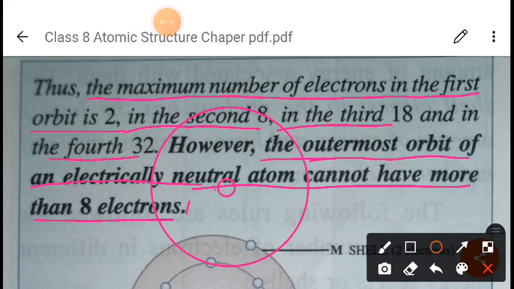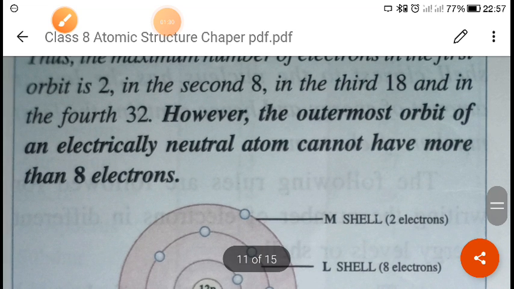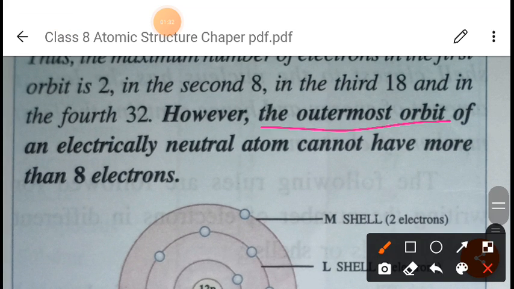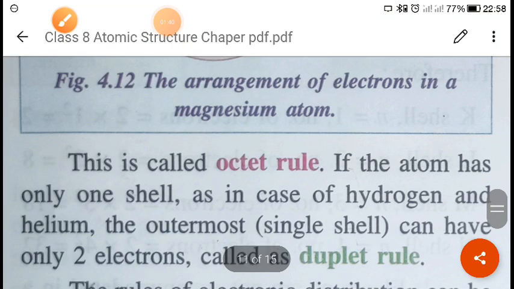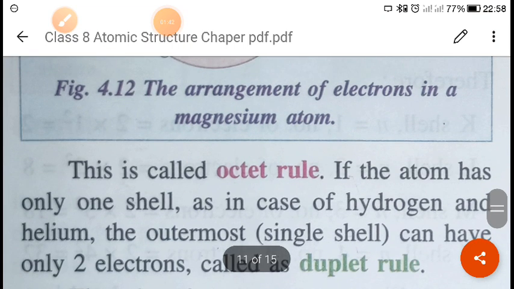In this atom, in the outermost shell, there should be only 1 2 3 4 5 6 7 8, 8 electrons. The outermost orbit of an electrically neutral atom cannot have more than 8 electrons. This is called the octet rule.